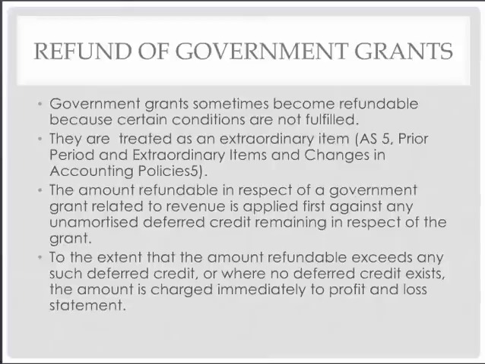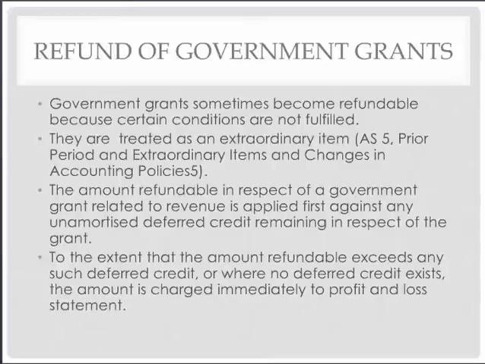Now, you have 6 lakh rupees standing in the balance sheet. So first you adjust 6 lakhs with the balance sheet and make it 0. Balance 2 lakhs, that is 8 lakhs minus 6 lakhs, is charged to the profit and loss account. That is how you treat refund of government grant where it is revenue grant.